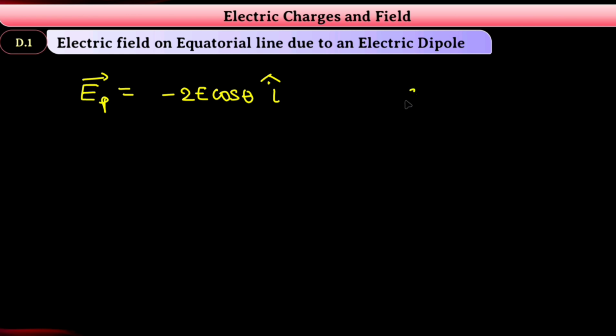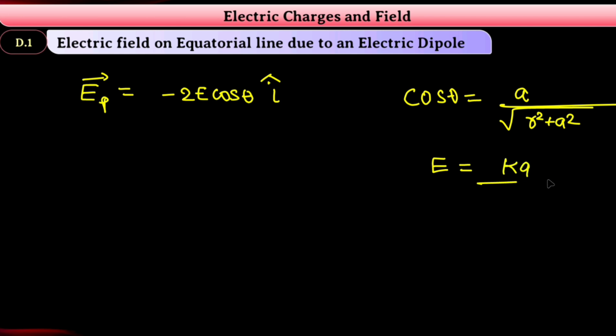B is a and H is root under r square plus a square. So we can take cos theta is equal to a upon root under r square plus a square, and E will be equal to, as the magnitude which we have already calculated, KQ upon root under r square plus a square whole square.